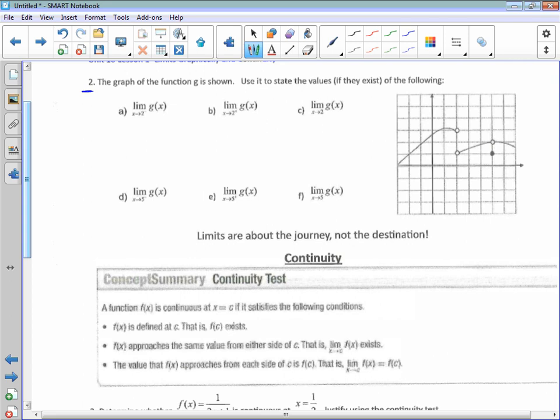I have to keep going up. That's the plus or the minus. D is 5 from the left.